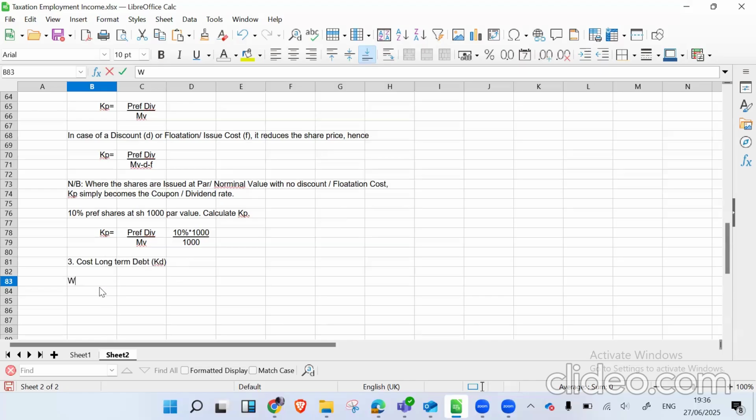Then we can say, when calculating KD, debts can be grouped into 2, i.e., number A, irredeemable debts or bonds, and of course number B, we have redeemable debt or bonds. So we have redeemable and we have irredeemable.